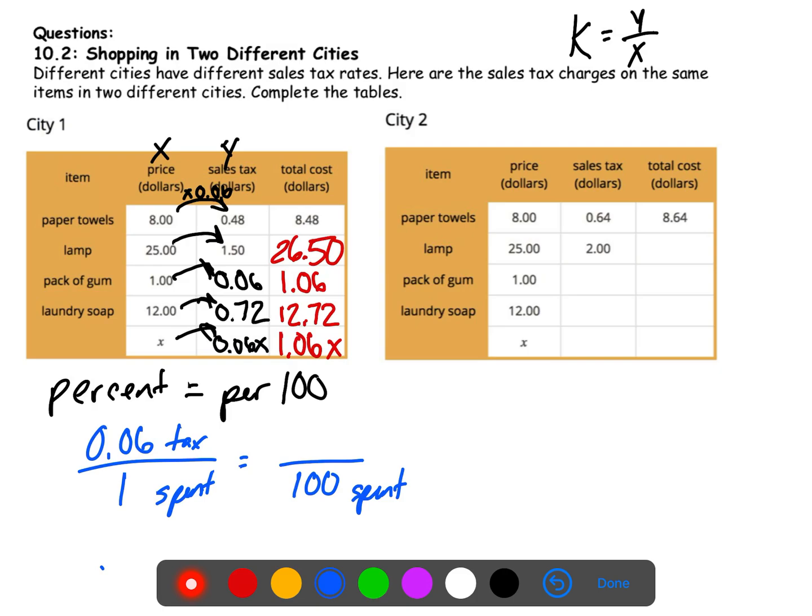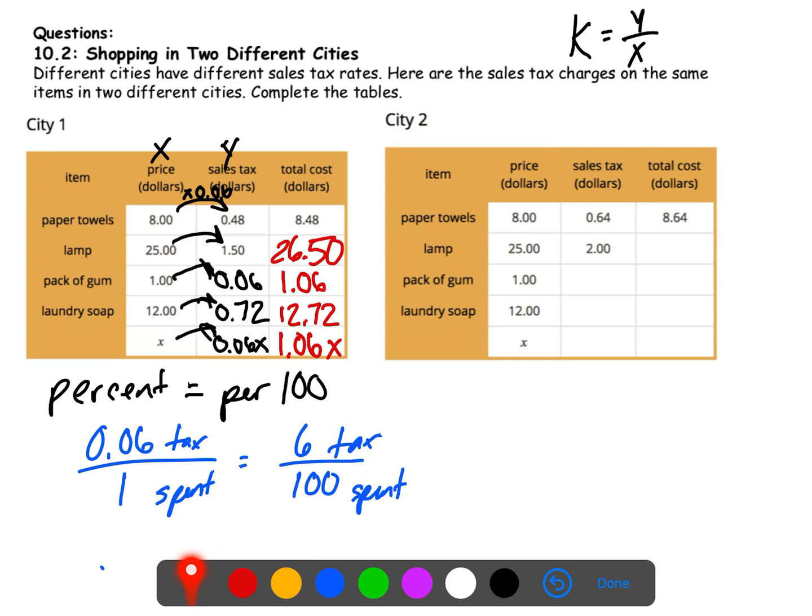We would be paying $6 in tax. Now, these two ratios are equivalent to each other. This is our unit rate for spending $1. We spend 6 cents in tax. If we spend $100, now is our percent, our per 100. Per $100 spent, 6 of it is going to be for taxes.